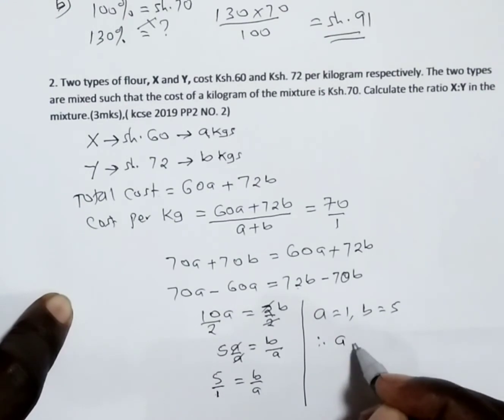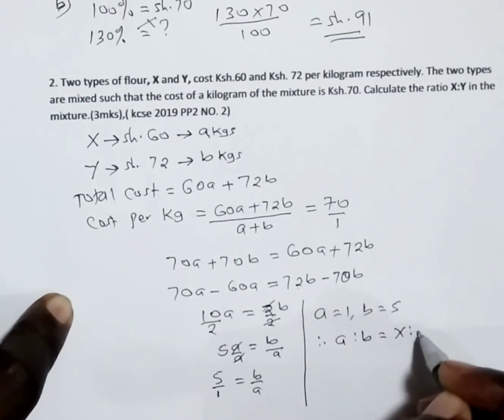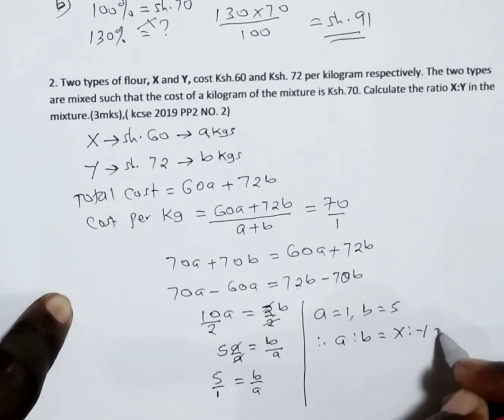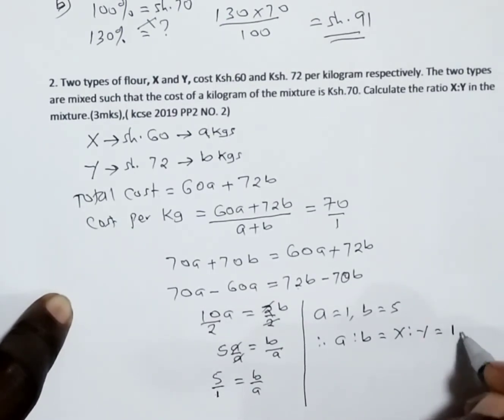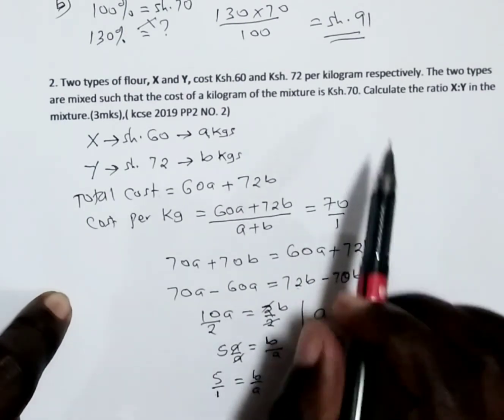Therefore, A to B is the same as X to Y, and this is going to be equal to 1 to 5. This is the ratio in which X and Y were mixed in order to produce a blend going for 70 shillings.